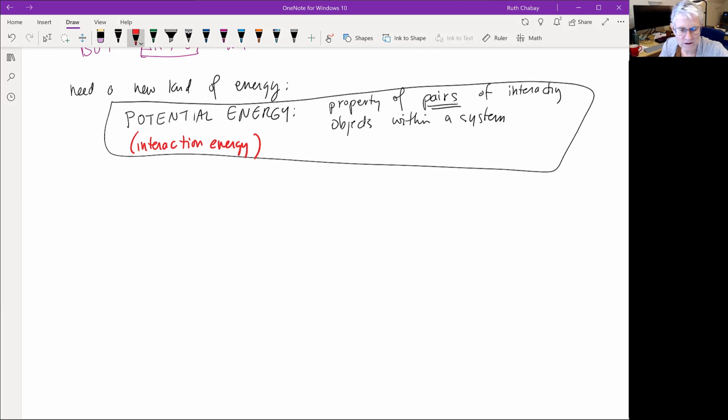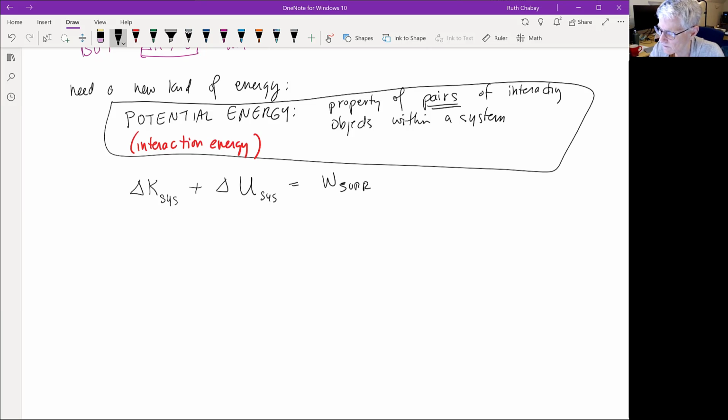Now, so now we could write this equation legitimately. We could say that the change in kinetic energy of the system plus the change in this potential energy of the system, and it's written with a symbol U, is now equal to the work done by the surroundings.